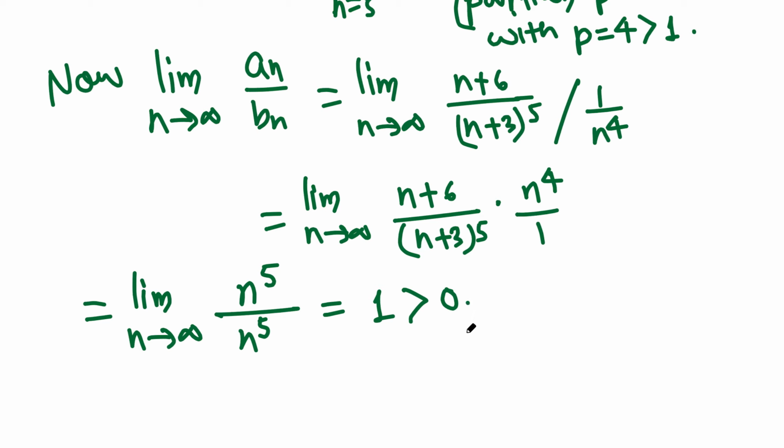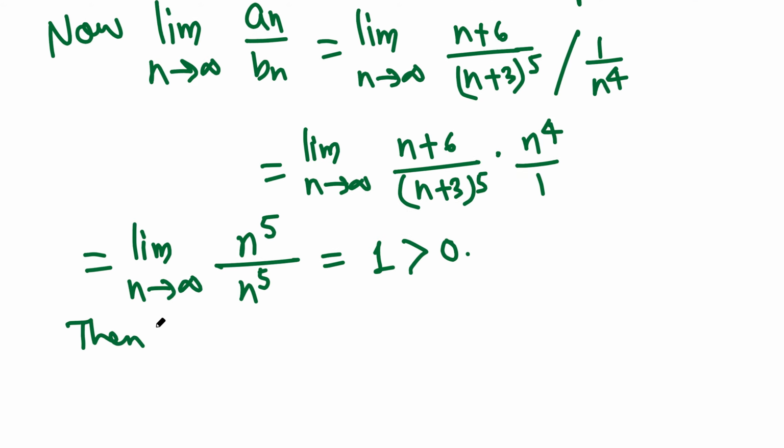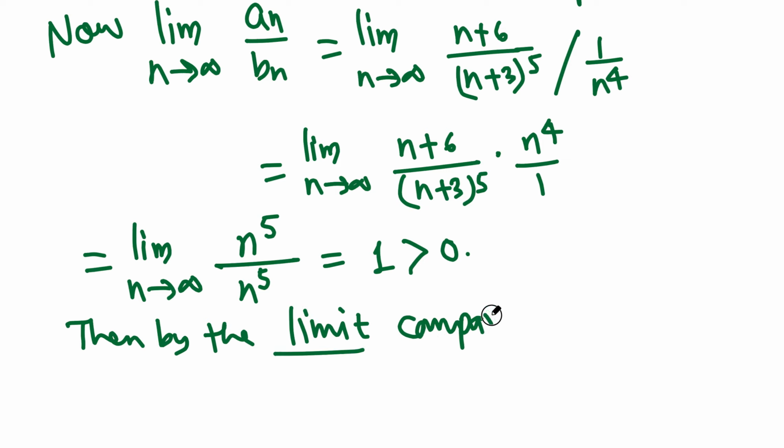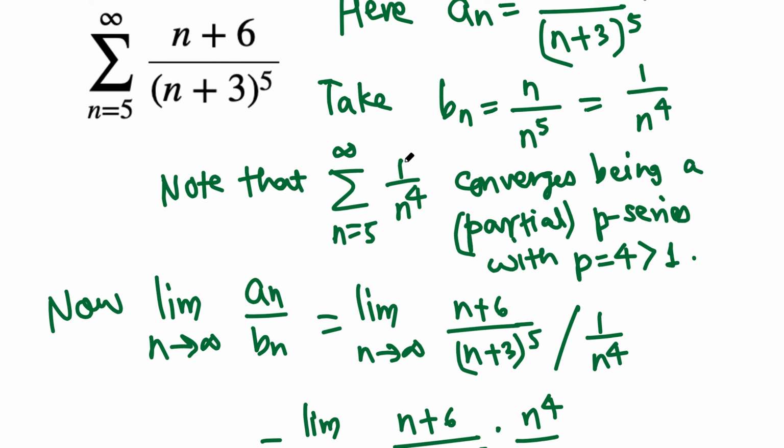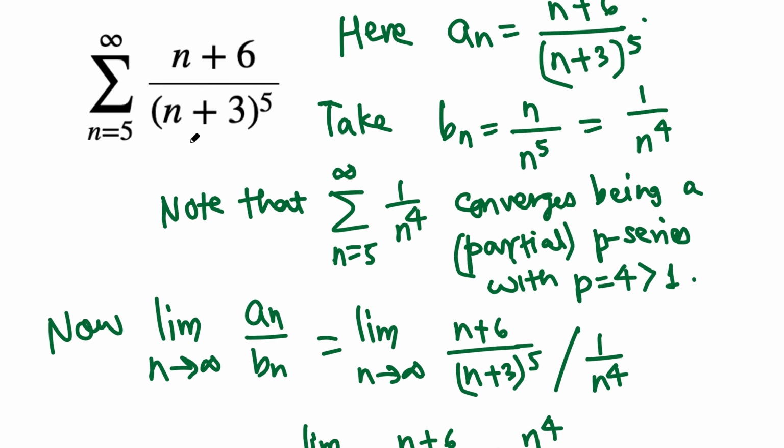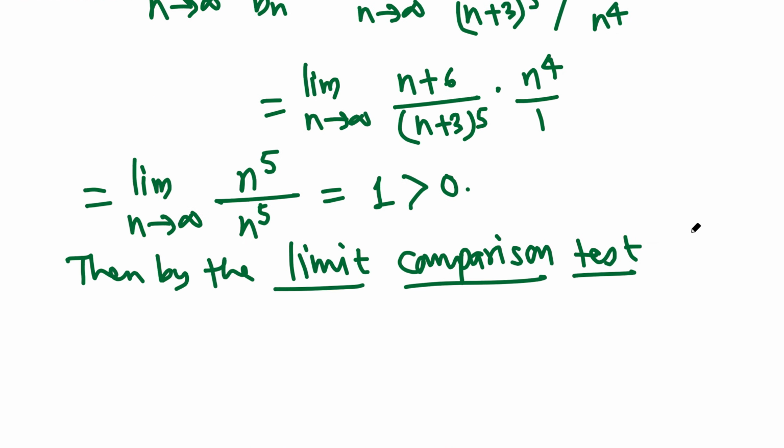That means by the limit comparison test both series behave the same. Then by the limit comparison test, this constructed series, this new series, converges, so does the given series.